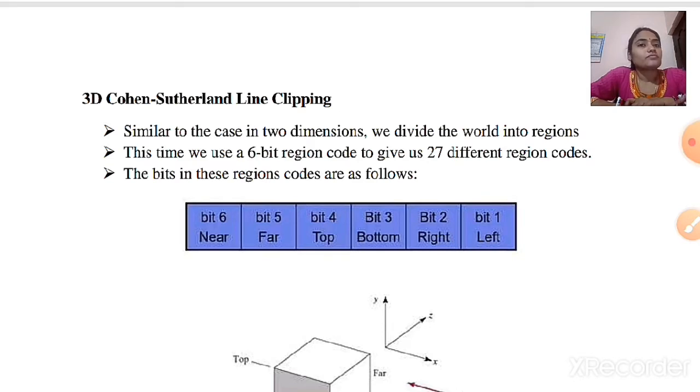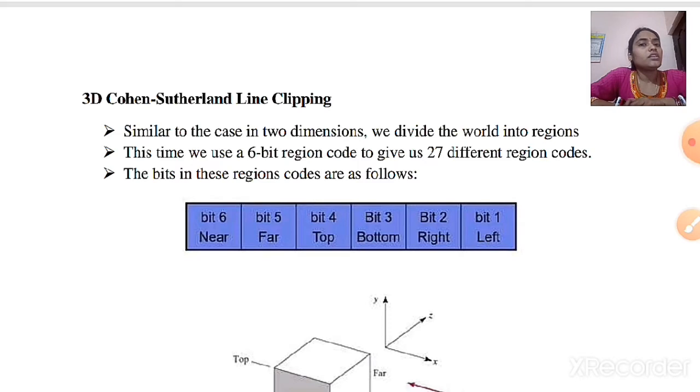Similarly, in 3D we also divide the world coordinate into different regions. This time we use a 6-bit region code which gives us 27 different region codes, but in 2D there is a 4-bit region code, which gives our 9 different region codes.